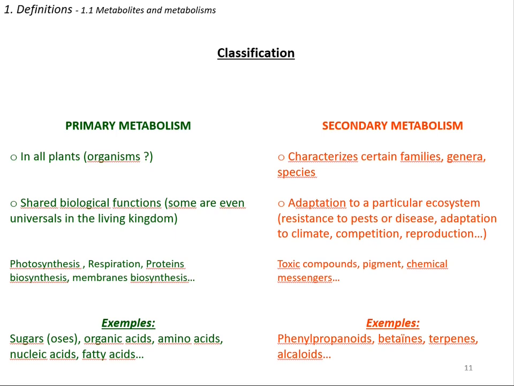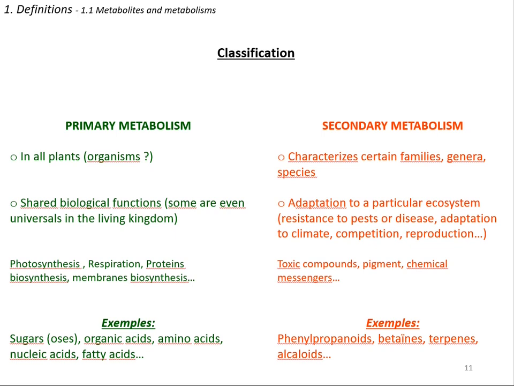I could give an example with photosynthesis, respiration, protein biosynthesis and degradation, membrane biosynthesis and degradation. So everything that concerns the basic functioning of the cells. Some examples of primary metabolites are sugars, that we call oses, organic acids, amino acids, nucleic acids, and fatty acids, and so on.